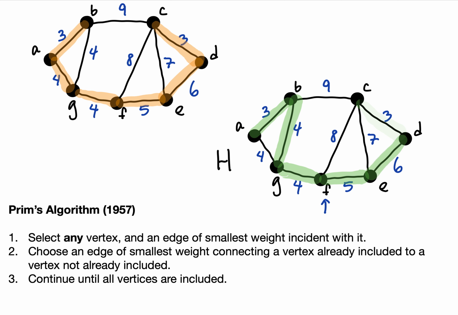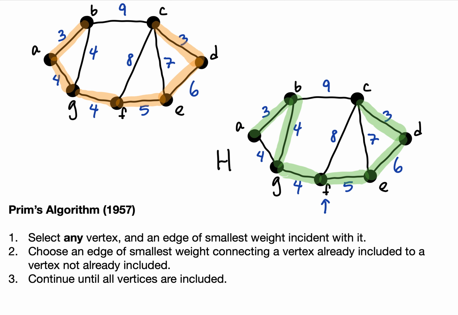Here 6 is the only such edge, the edge ED, and now the edge CD is the last edge that has that property. And now we've included all vertices of the graph, so we have finished and we found a minimum spanning tree. So these minimum spanning trees are slightly different, just in whether they include AG or BG.